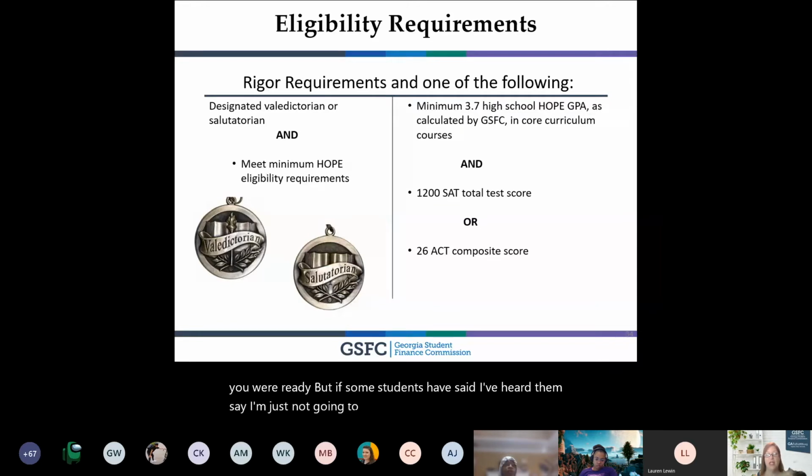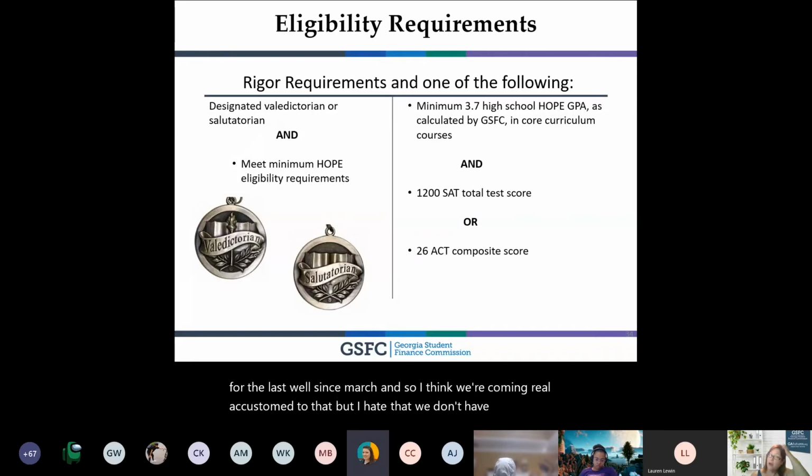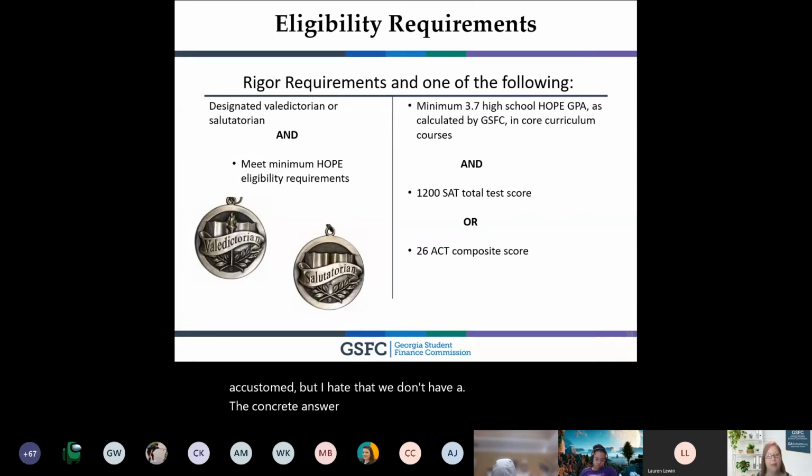Well, if this regulation stays, then you're opting out of the possibility of getting the Zell Miller Scholarship. So I always work towards what I know, and if it changes, we just adjust. We've been doing that since March, and I think we're becoming real accustomed to that. And I hate that we don't have a concrete answer, but we'll just have to see what happens.